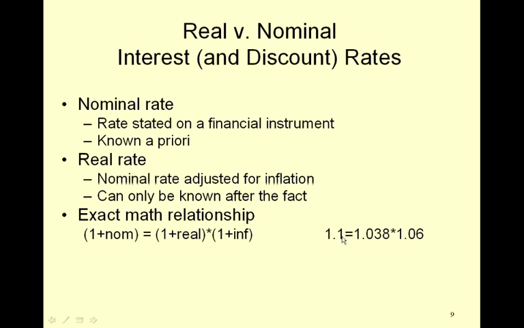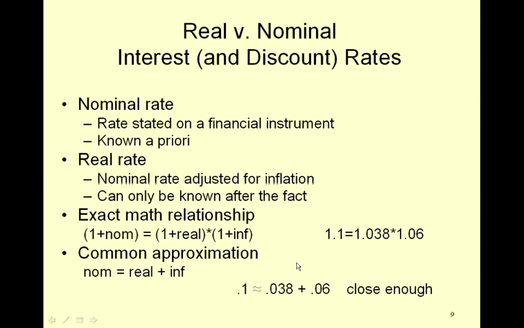And if you run out those numbers, you can see that it all works. In a practical sense, or a common approximation, a lot of people use this relationship, which is that nominal interest rates are approximately equal to real interest rates plus inflation rates.